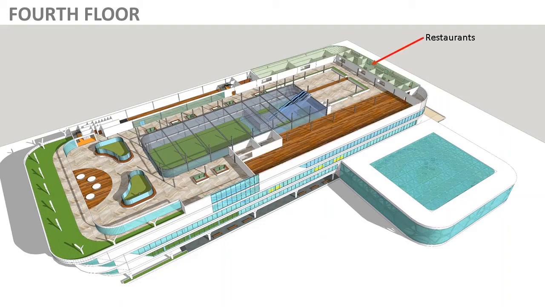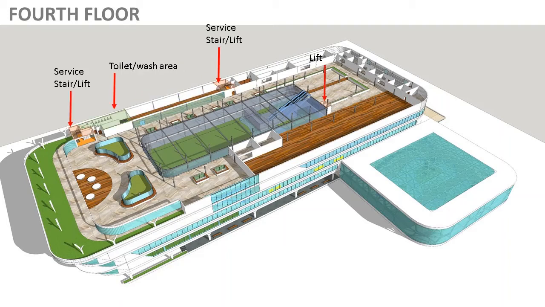The green highlighted area shows the restaurants from which the families and children can order food, and the yellow area shows the seating space next to the restaurant. The blue highlighted area shows the retail shop. The red highlighted area shows the location of service staircase and lift, and the green highlighted area shows the location of toilet and wash area.